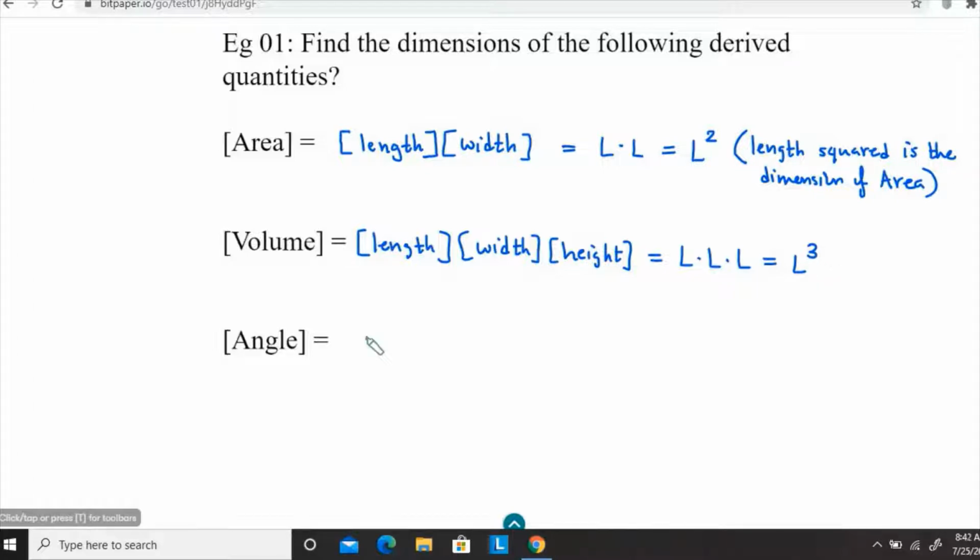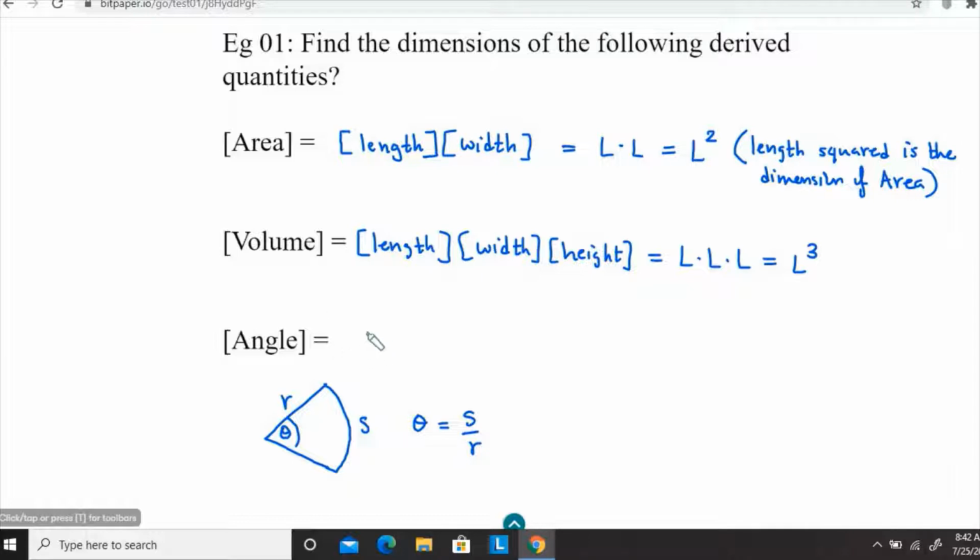Now let's look at dimensions of angle. If you recall from my video 1, I defined angle as the arc length divided by the radius. So if this is angle theta, and let's say that this is the radius and this is the arc length S, then theta is defined as arc length divided by radius, where theta is measured in radians.